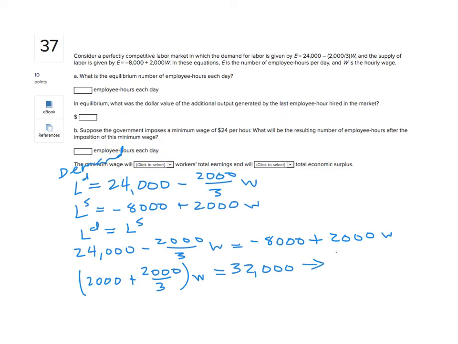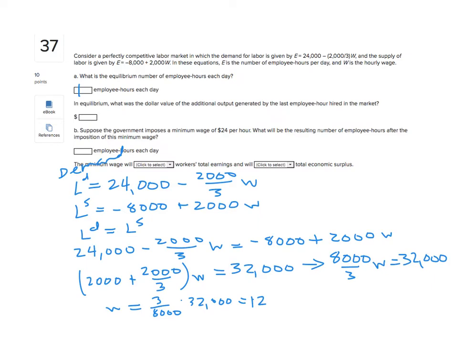So I get 8,000 over 3 times W is equal to 32,000. I can multiply both sides by 3 over 8,000 to get the fact that W is equal to 3 over 8,000 times 32,000, which is equal to 12. So the answer up there is 12.